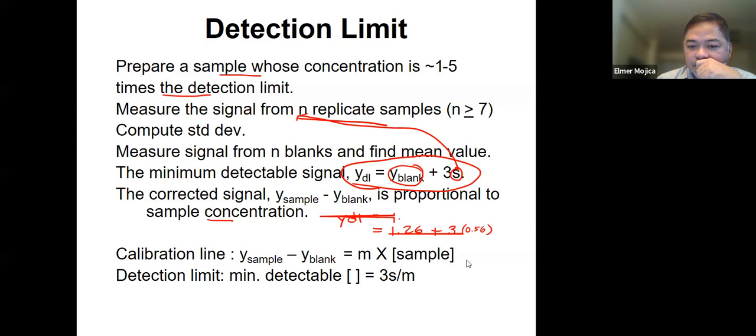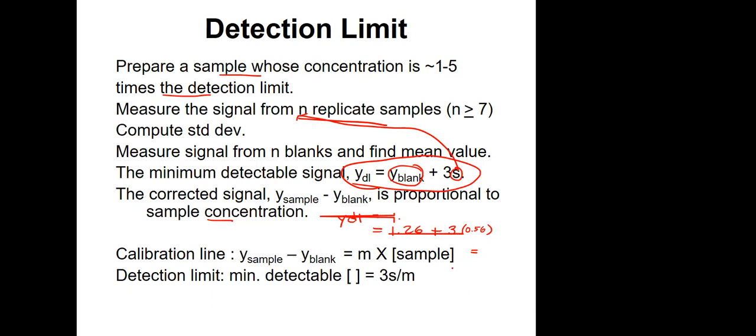Yes po. So if ever we get this, 1.26 plus 3 times 0.56, what is the answer that we get there? Anyone? 2.92. 2 point? 92.